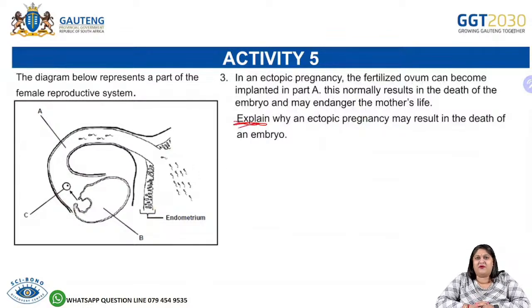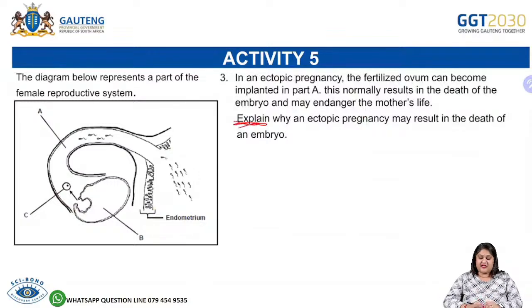What do we know about an embryo? The blastocyst, where does it have to implant? In the endometrium. Why? What's so special about the endometrium? It's vascular, it's glandular, it has all of the properties in order to allow this embryo to develop and survive. But a fallopian tube, what does it have? Remember I told you, it is lined with ciliated columnar epithelium. So they do not have a placenta, for example.